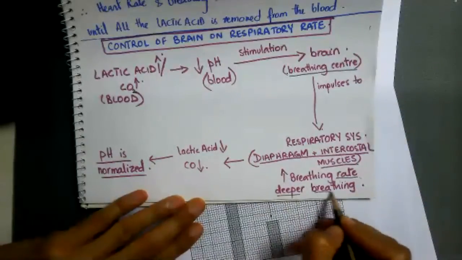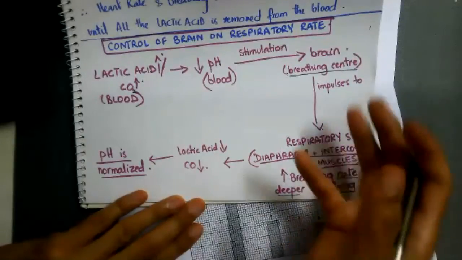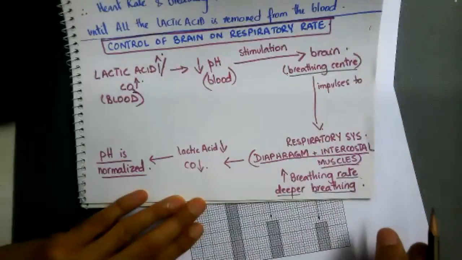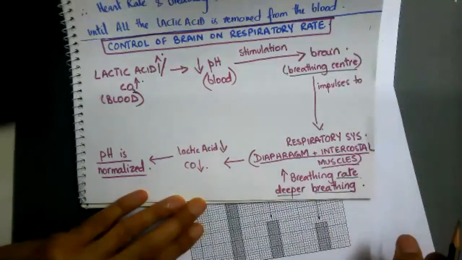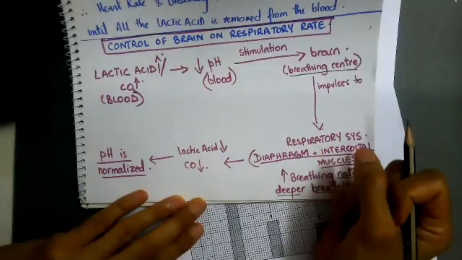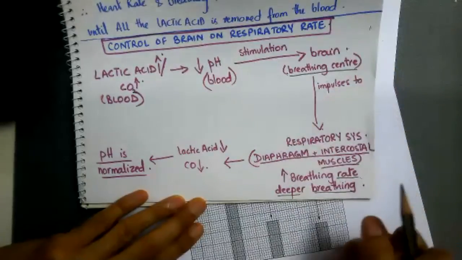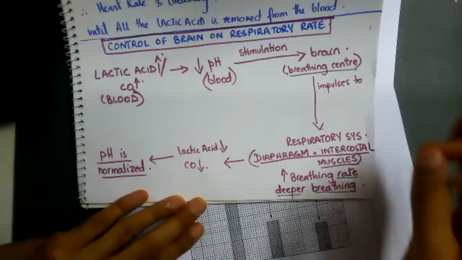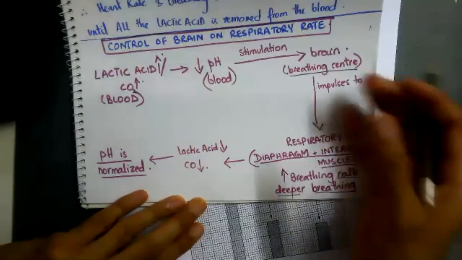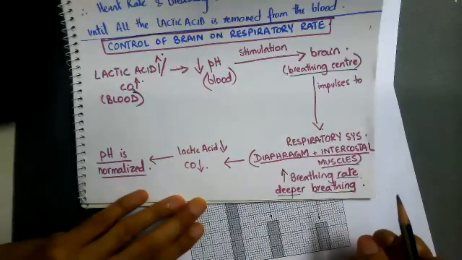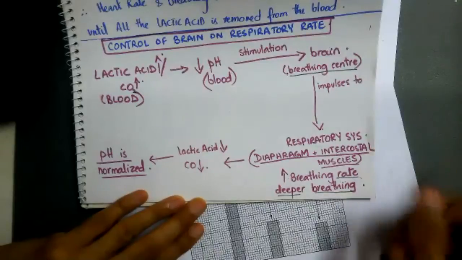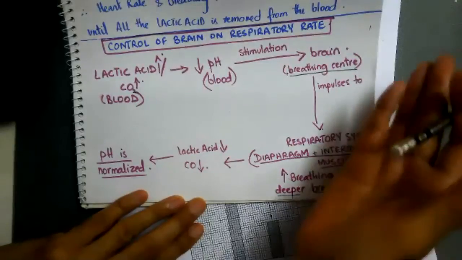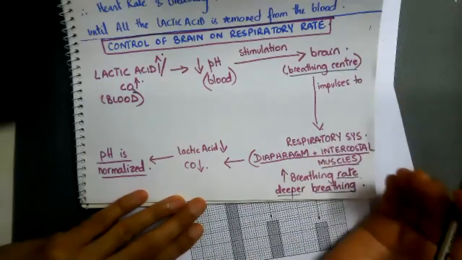Deeper breathing, what does this mean? Greater volume of air being inspired per breath. And when you have a greater volume of air inspired, in turn, you have a greater volume of air expired, exhaled as well.